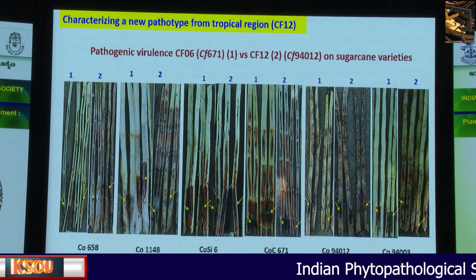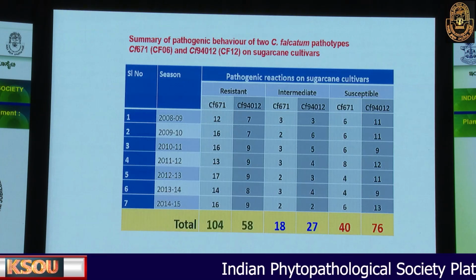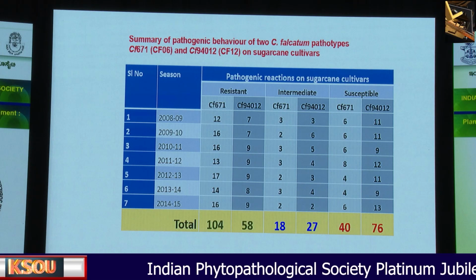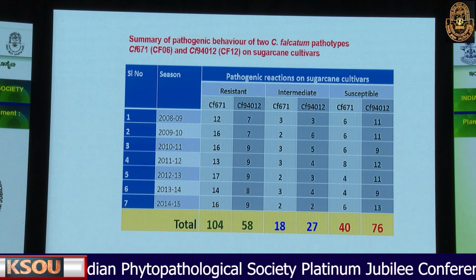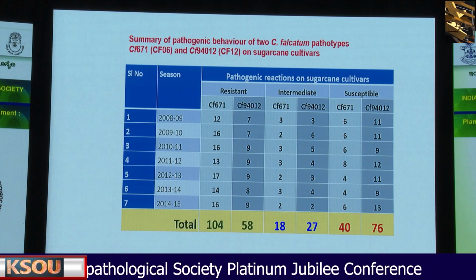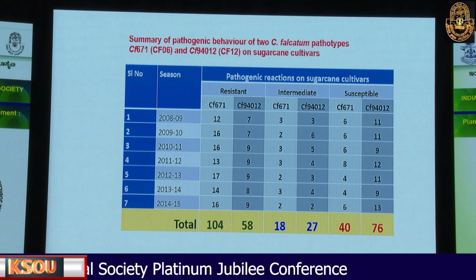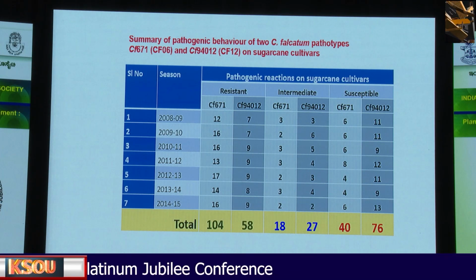What we found is that the new pathotype has comparatively higher virulence, even across seven years of testing. Overall, in the last column you see a larger number of susceptible reactions, indicating that the pathogen has slowly adapted and is able to cause susceptible reactions on many of the resistant hosts.